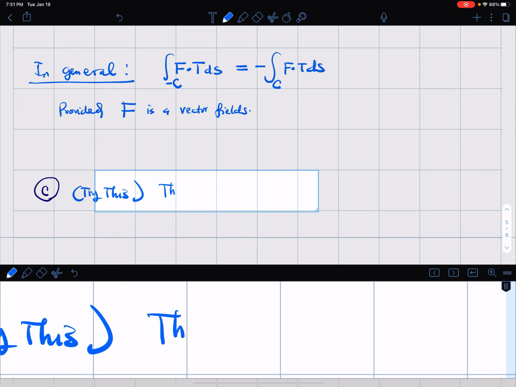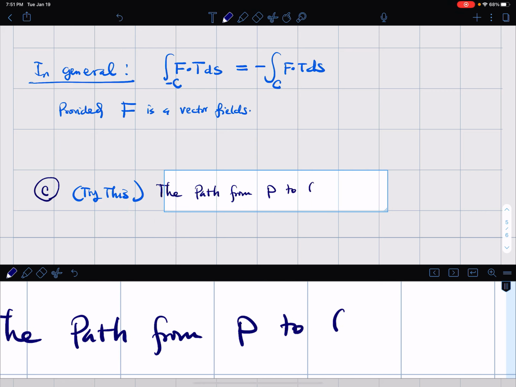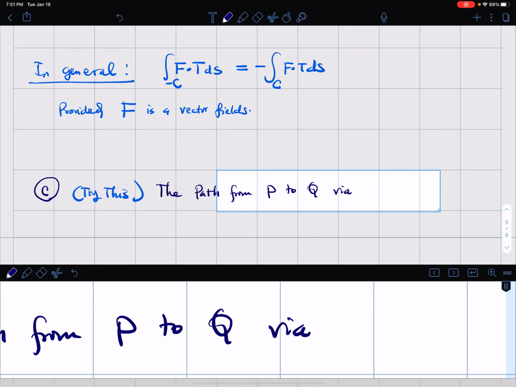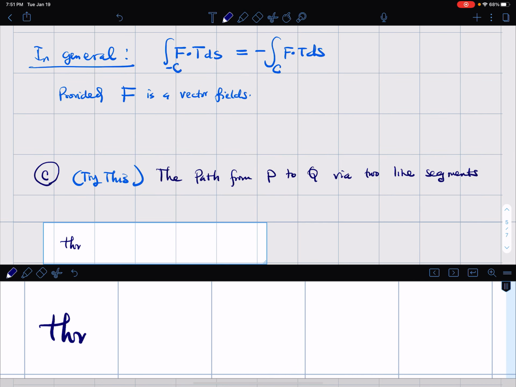So you want to go along the path from P to Q via 2 line segments, through O, the origin 0, 0.